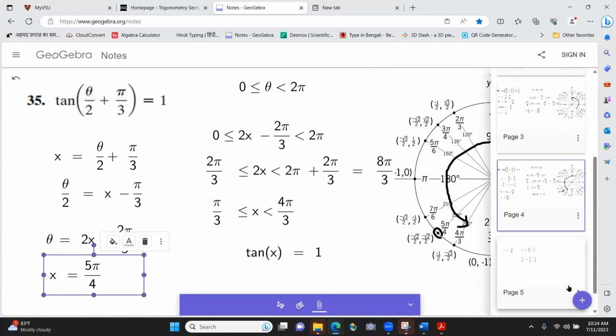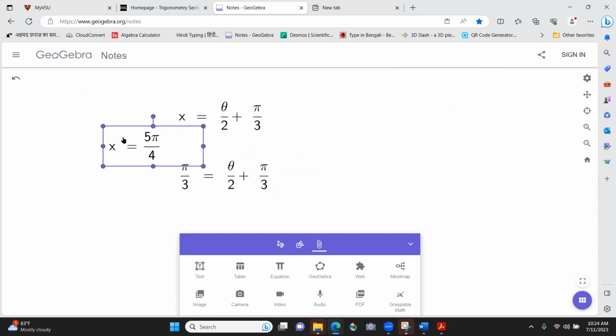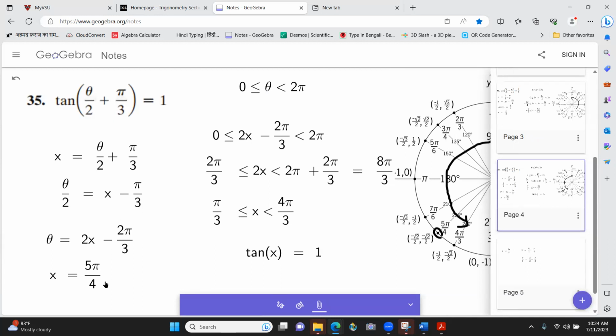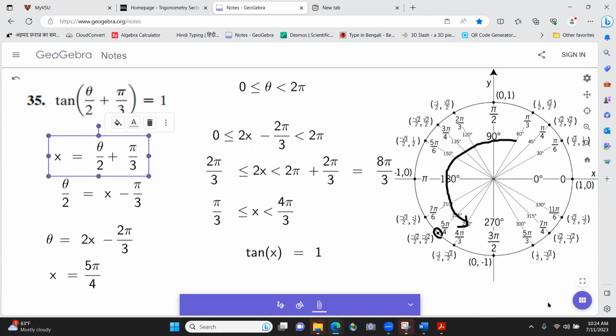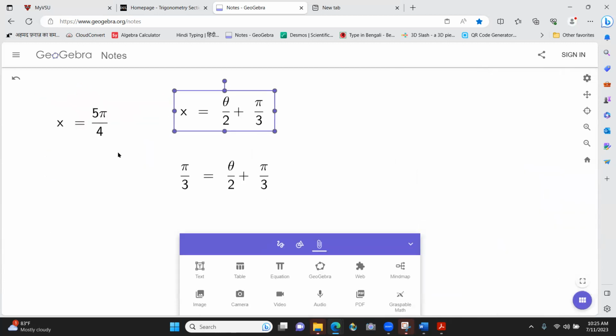It's this guy. Give me 1 second. This is what we got, right? Let me go back to the previous problem. We're doing 35. And this is gonna be here. It's a little bit of work. All right. So I'm going to replace x with 5 pi over 4.